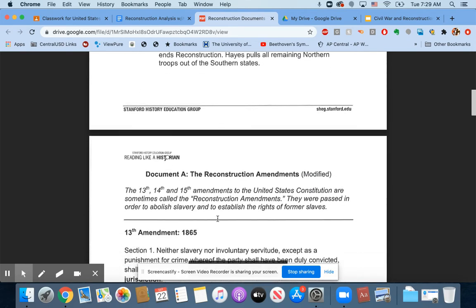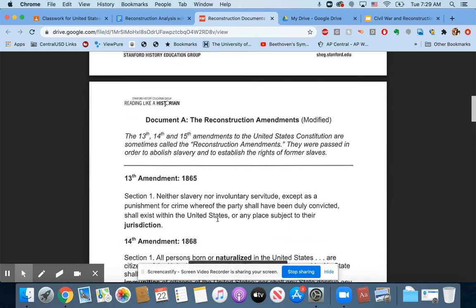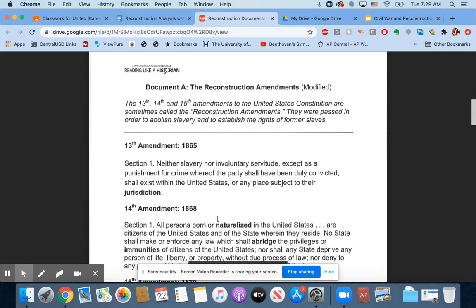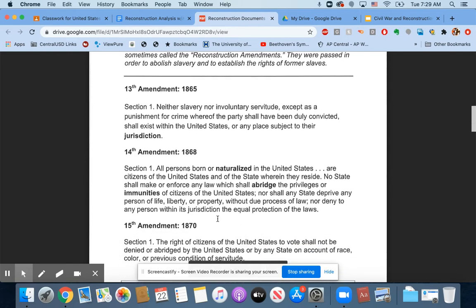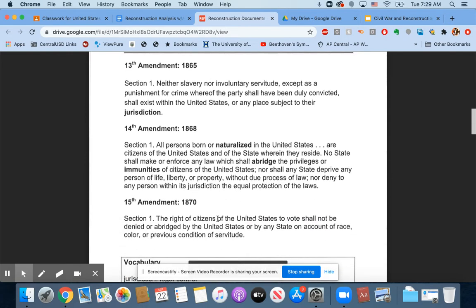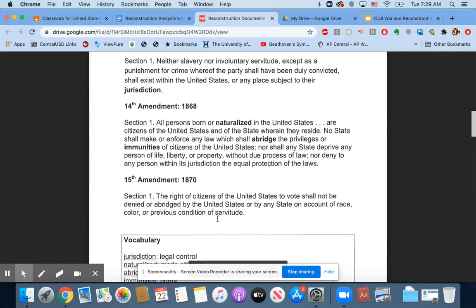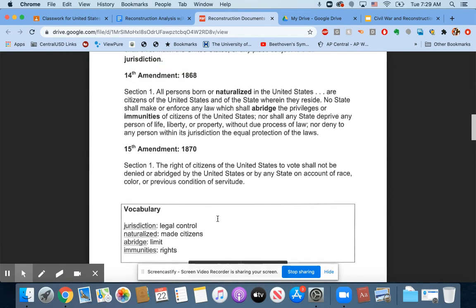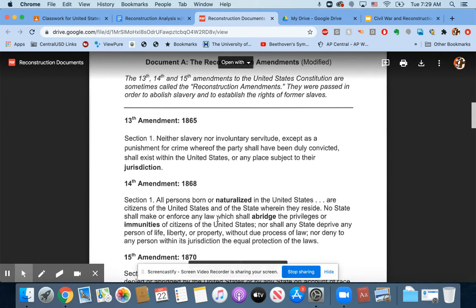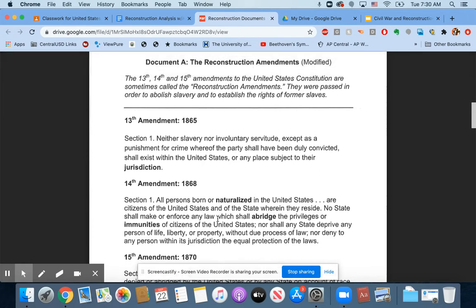But just as an example, I'm going to read Document A, which are the 3 amendments to the United States Constitution that were passed during the period of Reconstruction. So you can see 13th, 14th, and 15th, and they were all passed in different years. So let's go ahead and read the 13th first. 1865, Section 1.